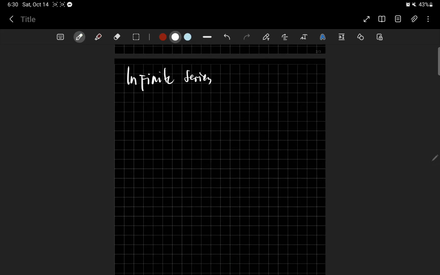Okay, so let's proceed with an infinite geometric series. So let's have an example number 1. Let's say we're going to find the sum of the infinite geometric series of a sequence 30, 15, 7.5, and so on.